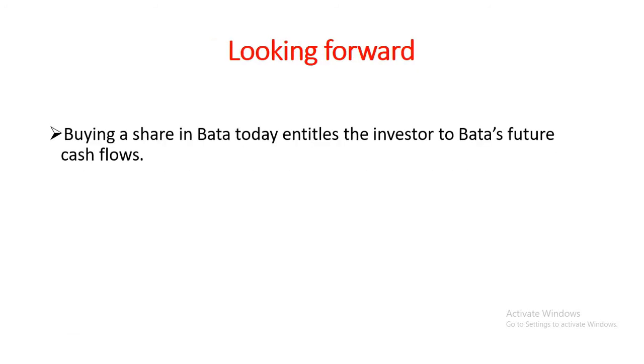So buying a share in Bata today entitles the investors to Bata's future cash flows. For example, if you buy a share of Bata, you might receive dividends. There might also be a capital gain. So these will be your future cash flows.